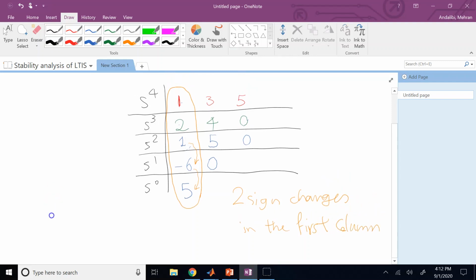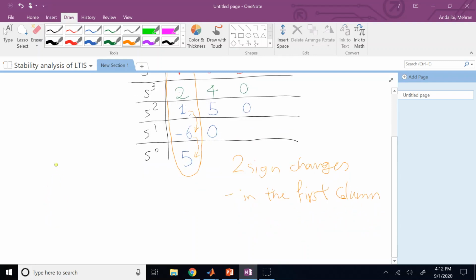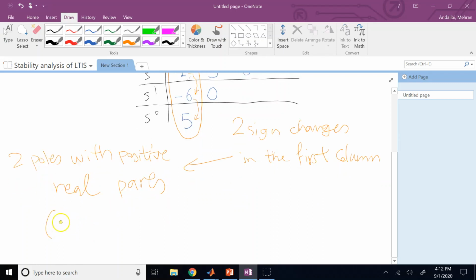Which means there are 2 poles, or roots of the denominator, with positive real parts. And so the system is, of course, unstable. So clearly the system is unstable.